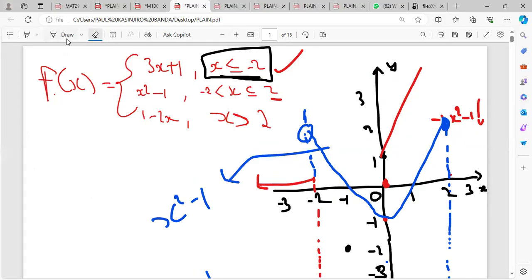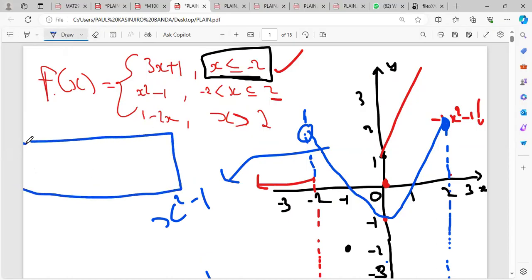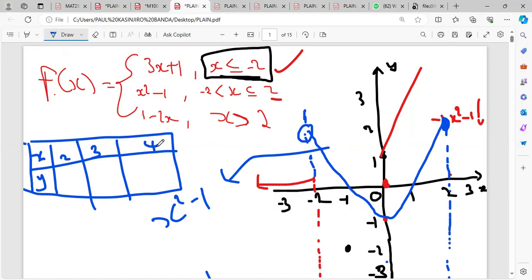Okay, so this is our table of values. This is our x, and this is my y, which is represented by 1 minus 2x, right? So what values am I going to put there? I can just put values that are greater or equal to this number. So I'll start from 2, 3, 4, and then I see the behavior.